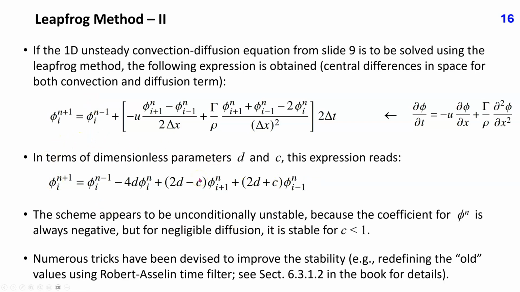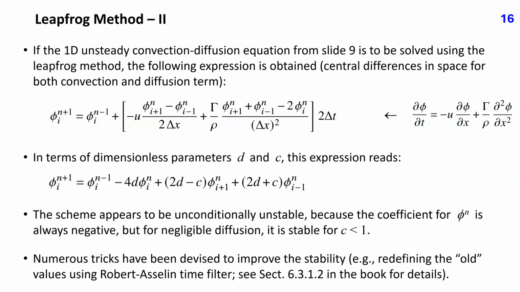The scheme appears to be unconditionally unstable because the coefficient of phi n is always negative. This is indeed confirmed by von Neumann's stability analysis. However, when diffusion is negligible, for example when solving Euler equations, the scheme is stable when the Courant number is smaller than 1. Because the scheme has some good properties, numerous tricks have been devised to improve its stability.